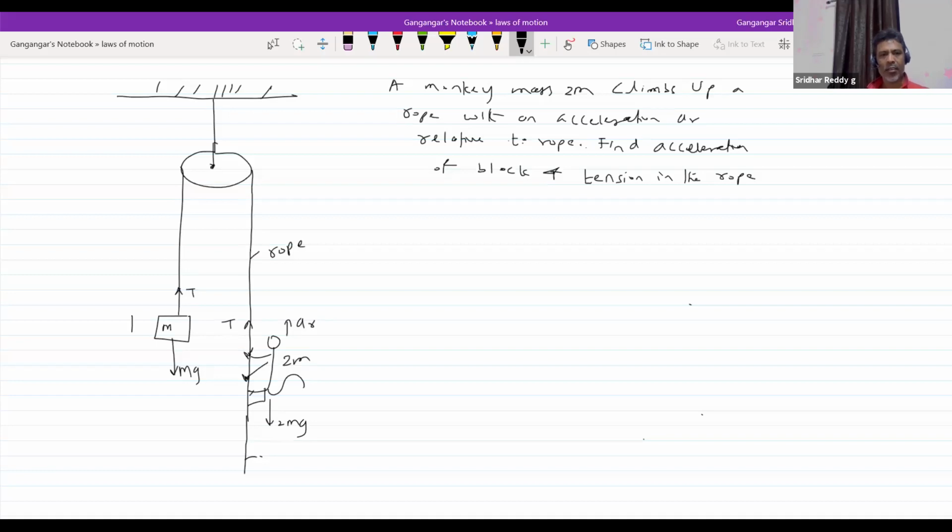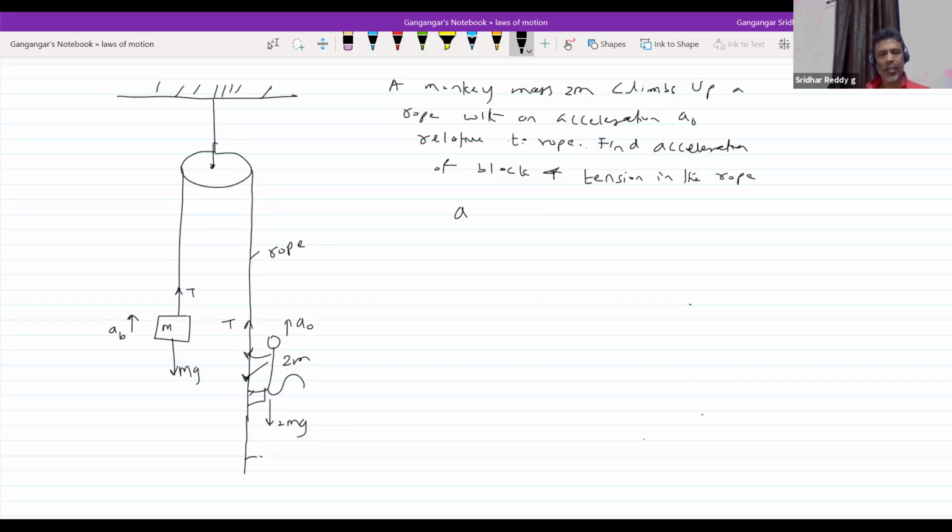Then let the acceleration of the block be AB. A naught is the acceleration of the monkey relative to the rope.